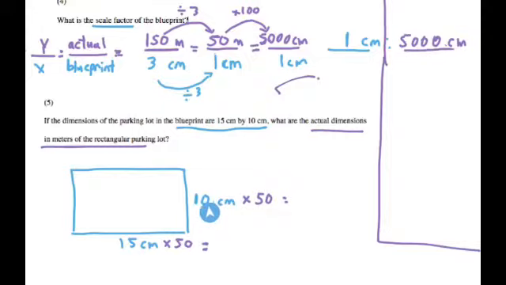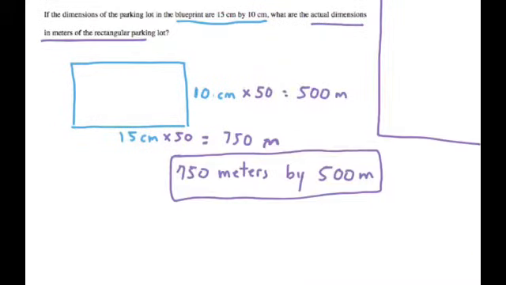We could multiply 10 centimeters by 50 and 15 centimeters by 50 to find the actual length in meters in real life. So those dimensions are 750 meters by 500 meters. So here's our answer, listed as length by width. The actual parking lot would be 750 meters by 500 meters.